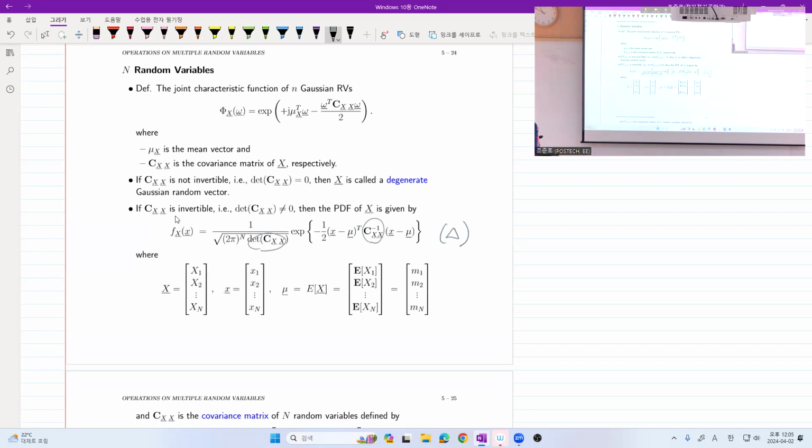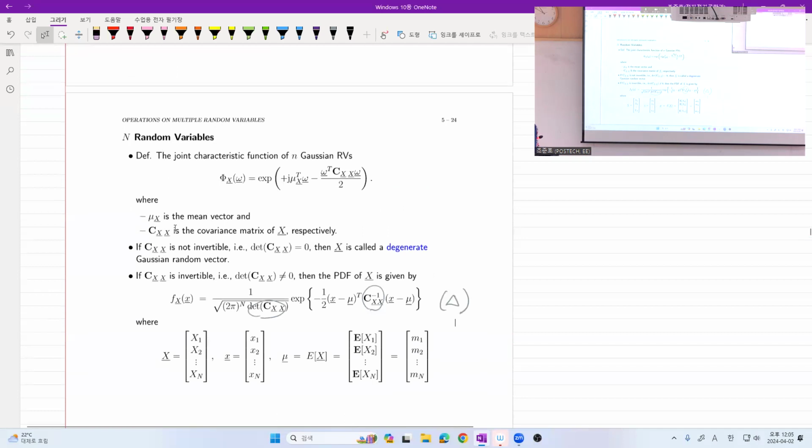One good thing is that the characteristic function and joint characteristic function always exist and fully characterize random variables and vectors. So thinking about the joint characteristic function is much better, especially for Gaussian, because you see here, no inverse.